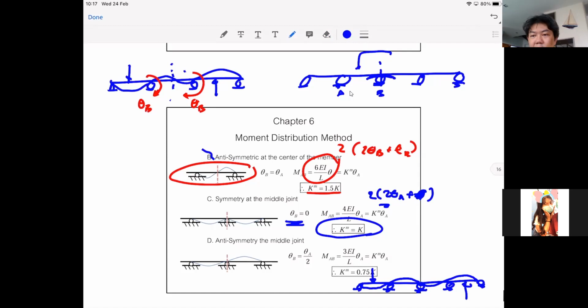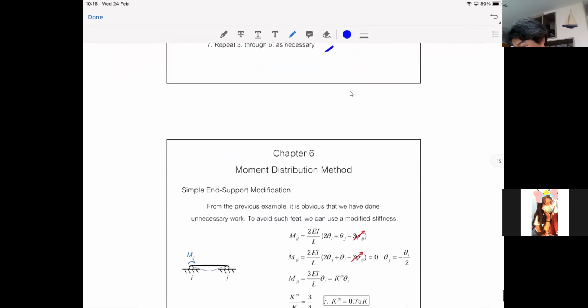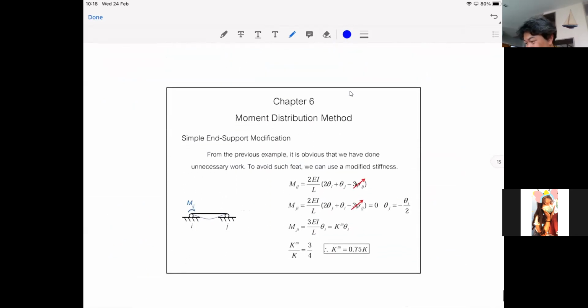If you can recall the modification where, if this is theta, this opposite is theta over 2. You can go back and look at this. See, that's the simple end support. It's the same thing.